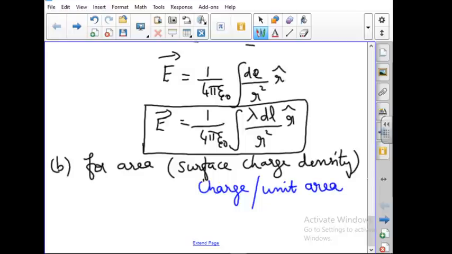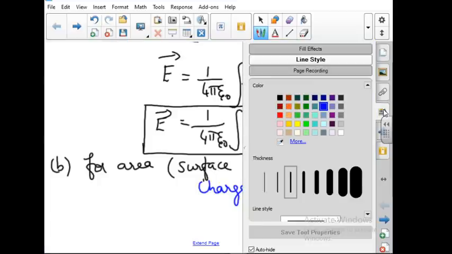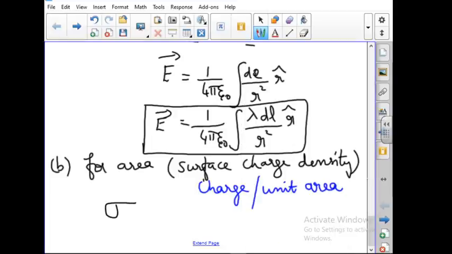So the linear charge density is for a long wire and surface charge density is for an area. For a uniformly distributed charge, that is, if the charge is uniformly distributed over an area, then surface charge density is represented by sigma.